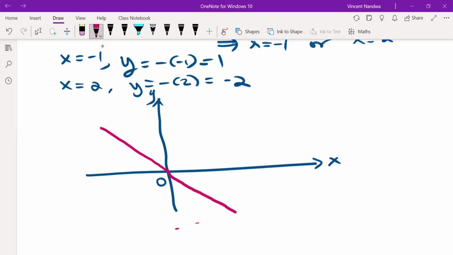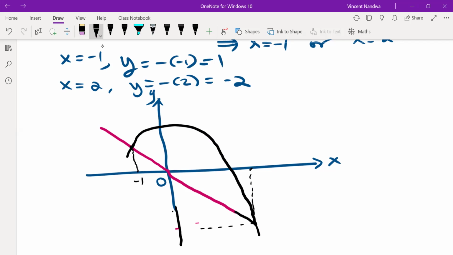So for the parabola equation, if you pick a few values of x and y, you should get that this is how it looks. So this is -2.